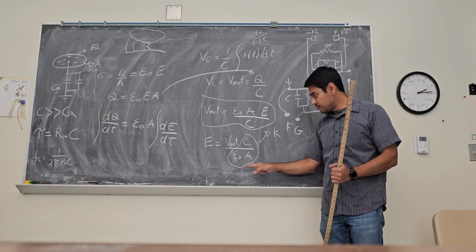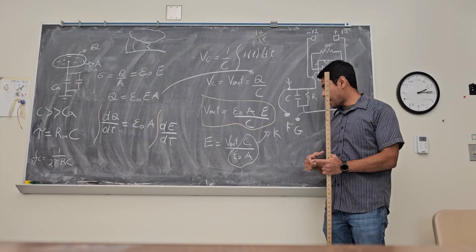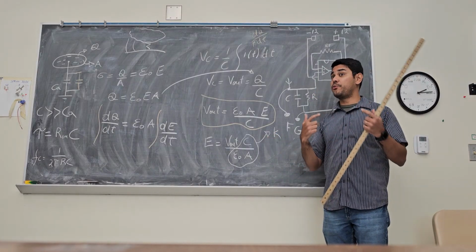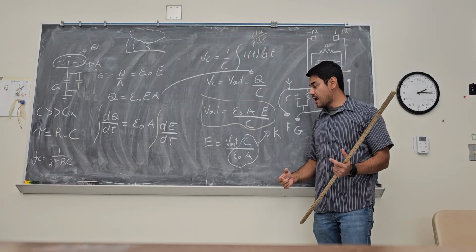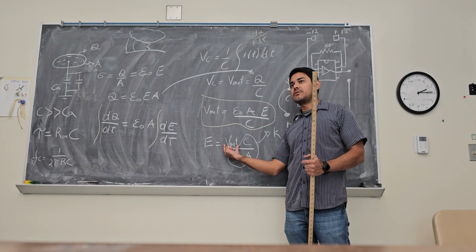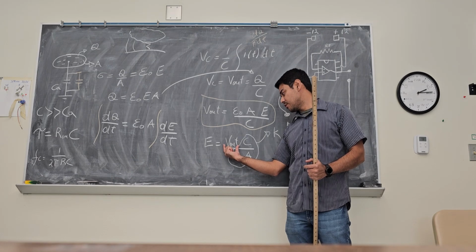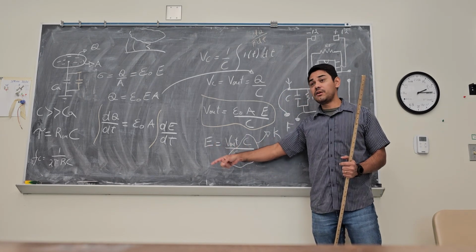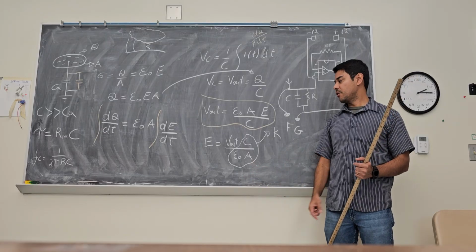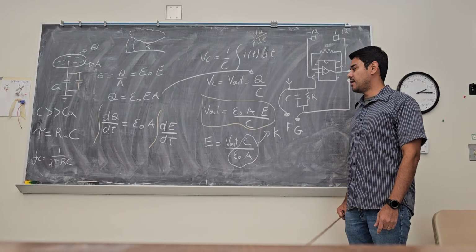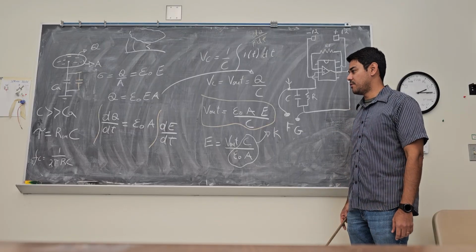So we're going to combine those numbers to get K, and K is going to be your calibration factor. Every time you multiply the output voltage of your oscilloscope times this calibration factor, you're going to have the electric field in volts per meter, or kilovolts per meter, whatever. We're going to do this at the end of the class today.